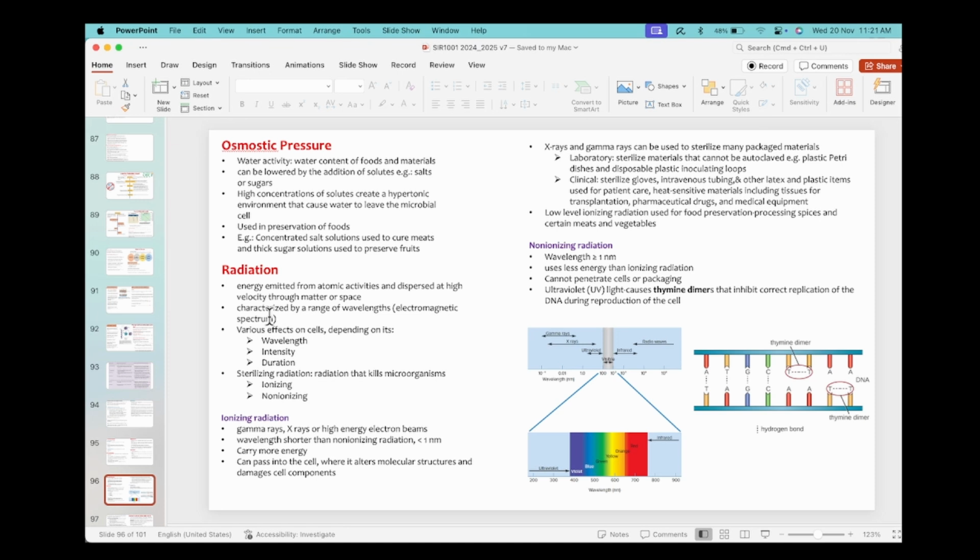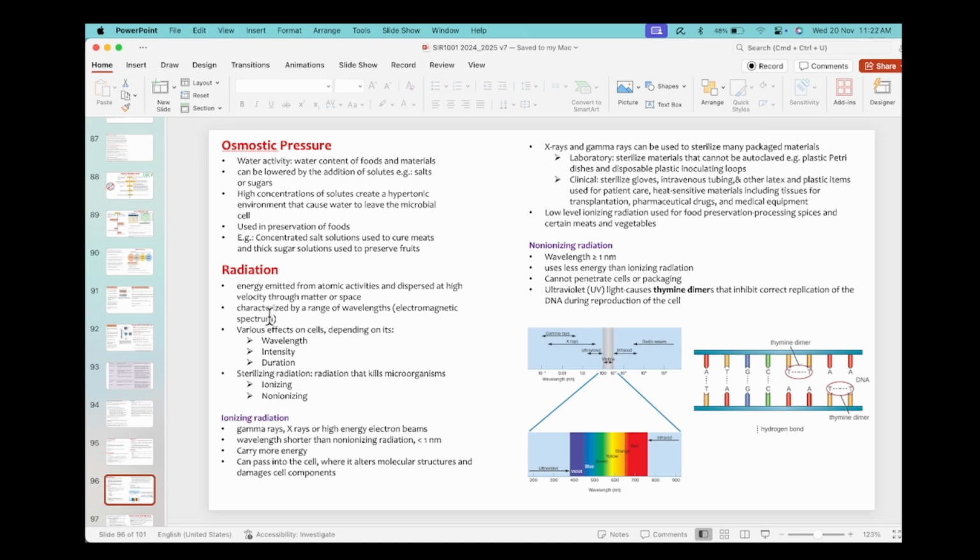So essentially, what non-ionizing radiation does is destroy the DNA by forming thymidine dimers, which prevents the microbes from reproducing, from replicating the DNA.